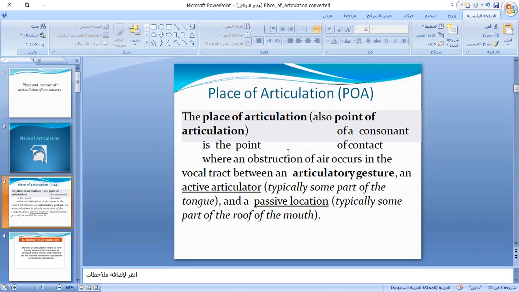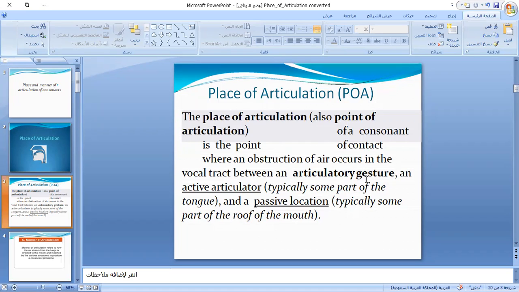It is the point of contact where an obstruction, narrowing, or closing of the air occurs in the vocal tract between the articulatory gestures.